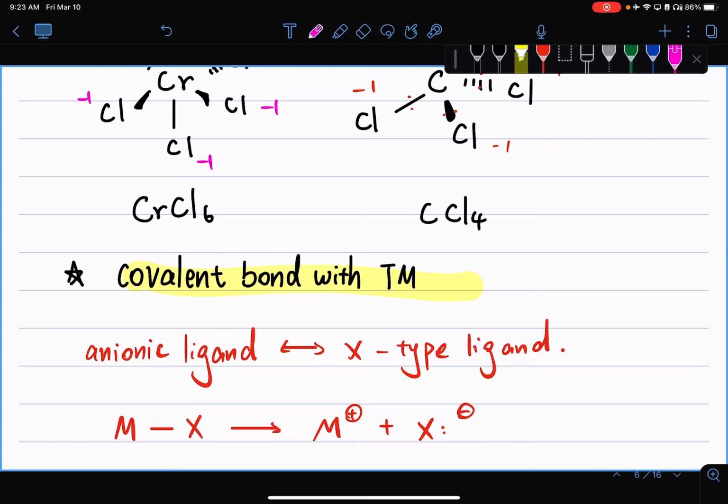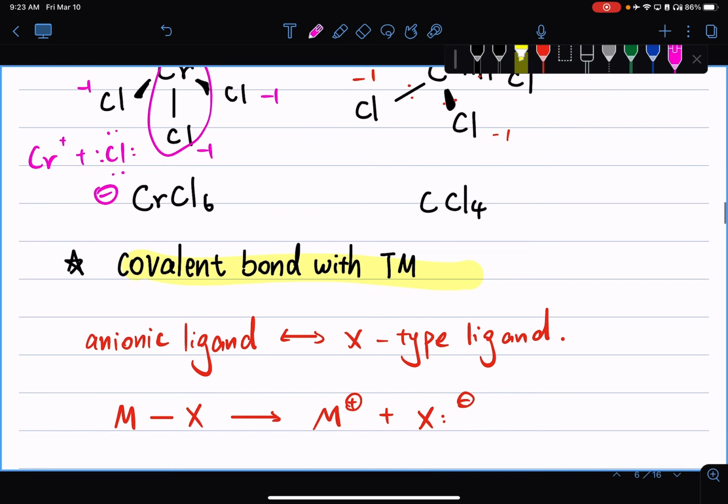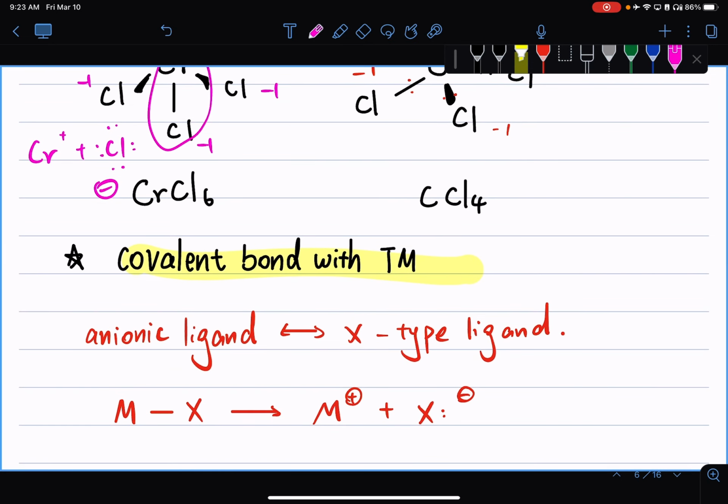For example, if we break this chromium-chloride bond, we end up with chromium plus Cl with 8 electrons, which has a negative formal charge. That's a justification for how to identify whether a ligand is an anionic ligand.